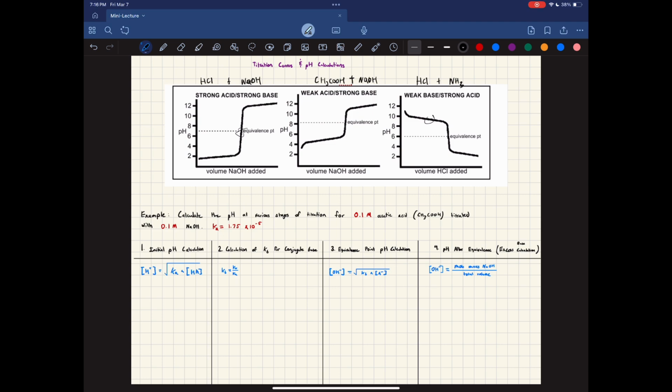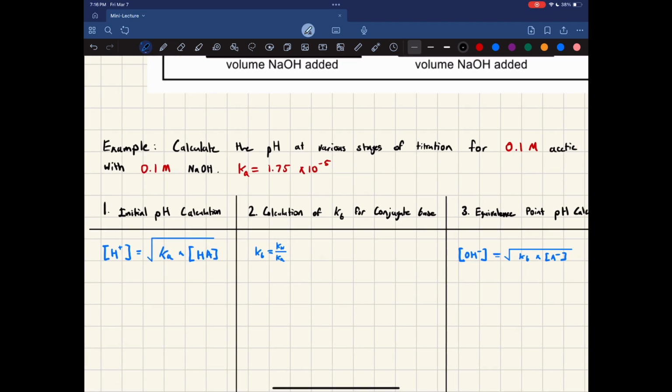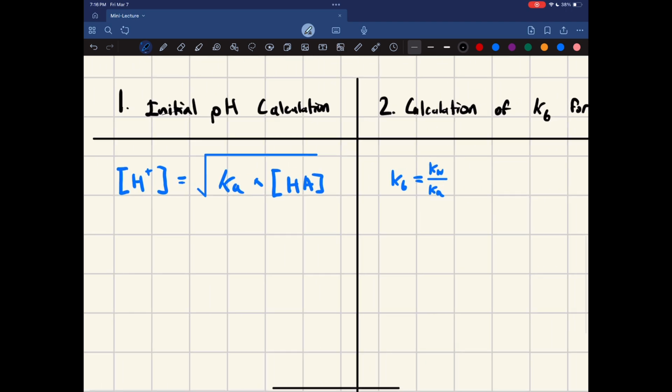For a weak acid, the hydrogen ion concentration is the square root of Ka times the concentration of the acid, and pH equals negative log of the concentration of hydrogen ions.